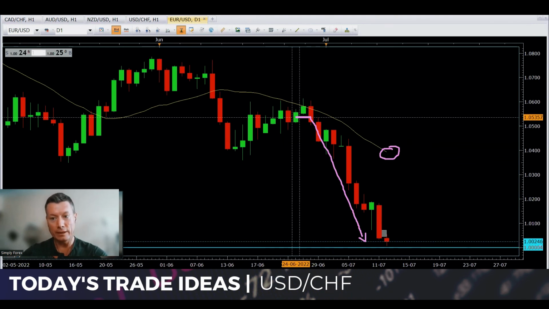And this parity level here is when €1 is equal to $1. That is parity. We are literally 20 pips away from that, and this could be such a big level for this pair. So we don't have enough room to move into before parity happens.